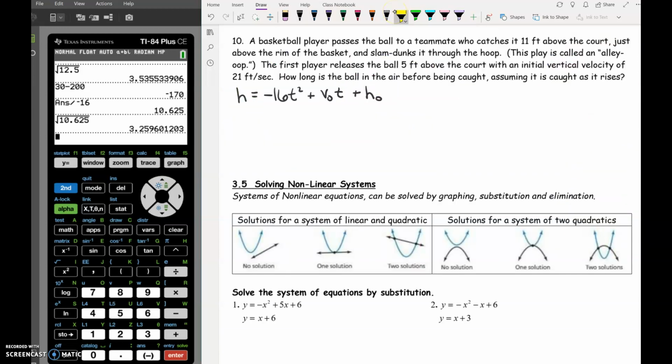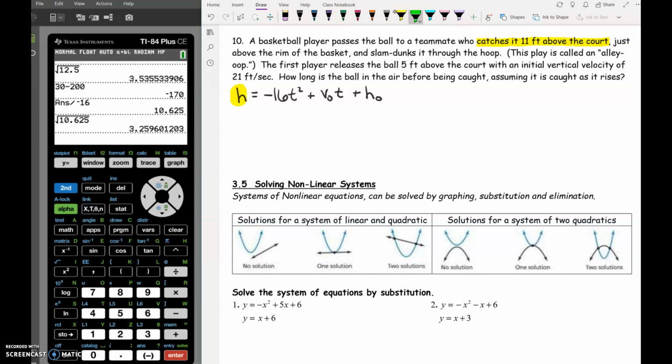A basketball player passes the ball to a teammate who catches it 11 feet above the court. If you're catching something, that sounds like an end height. So I'm going to put the same color on our H on our end height. Just above the rim of the basket, and slam dunks it through the hoop, blah, blah, blah, blah.